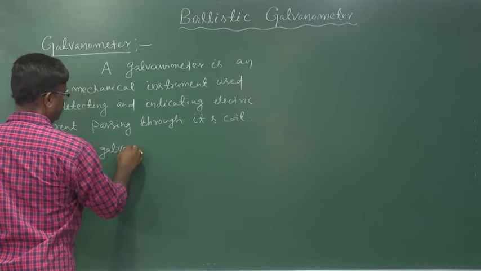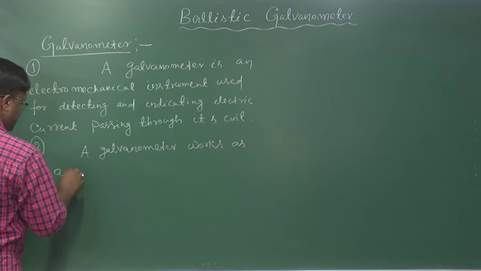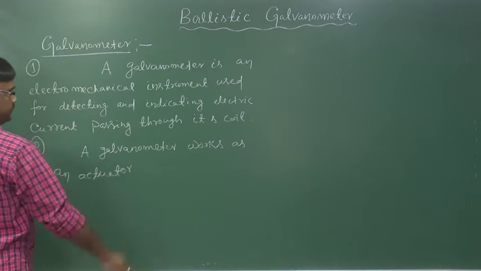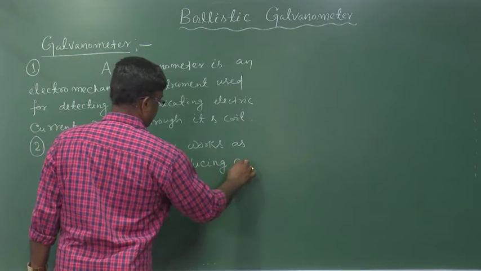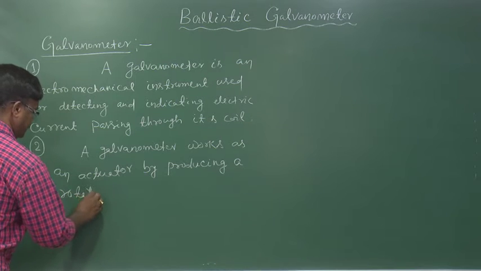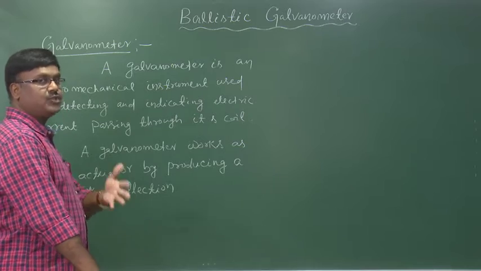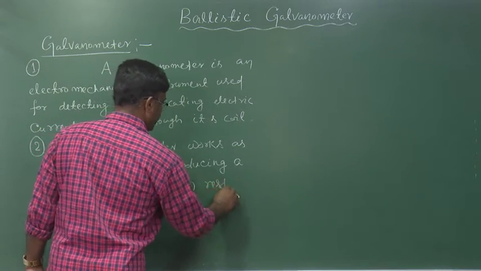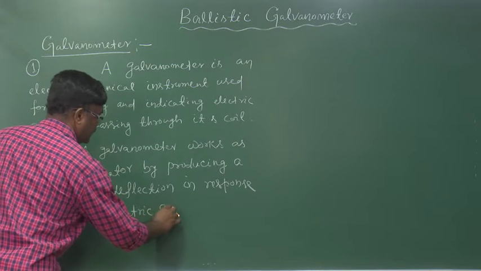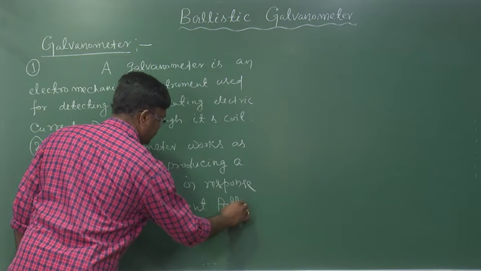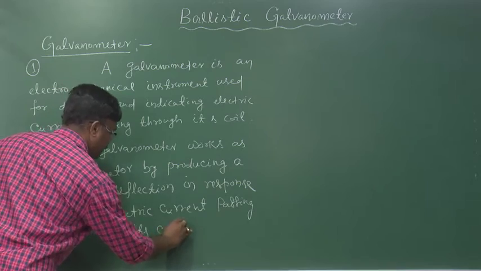A galvanometer works as an actuator by producing a rotary deflection in response to an electric current passing through its coil.